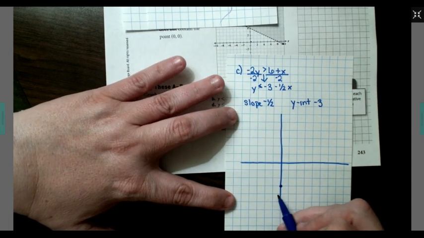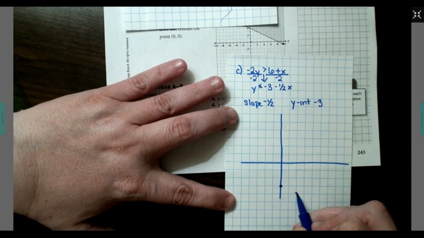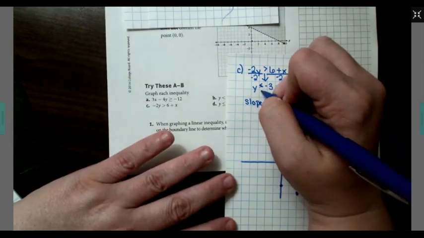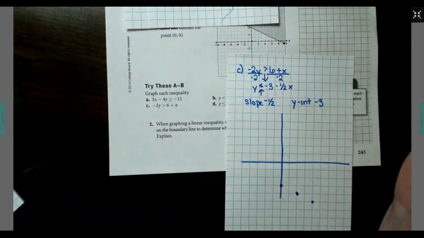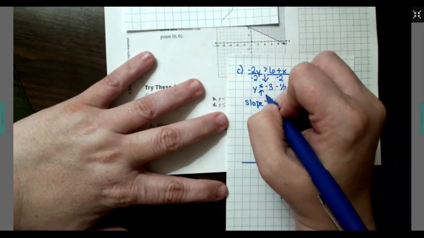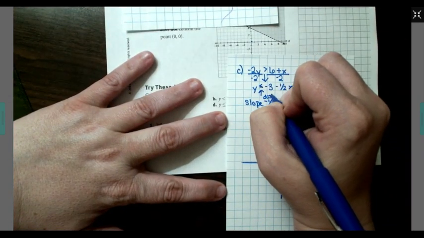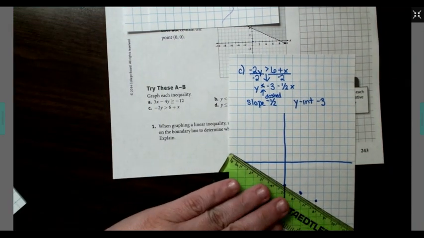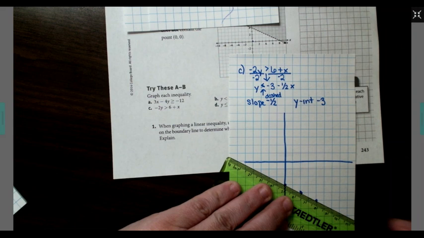It says go down 1 over 2. Down 1 over 2. Now, because this line does not contain that equal to in the inequality, we're going to have dashed here. So remember to pick up your pencil along the way.